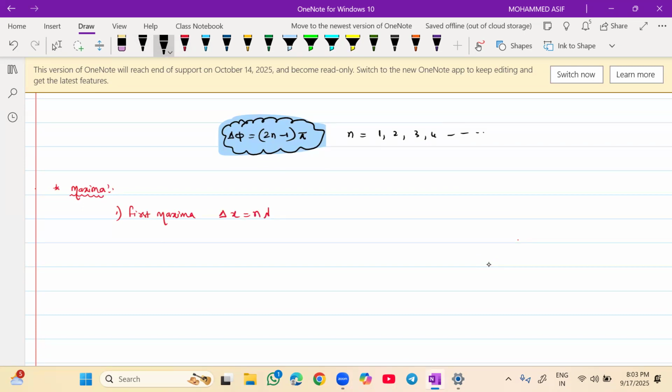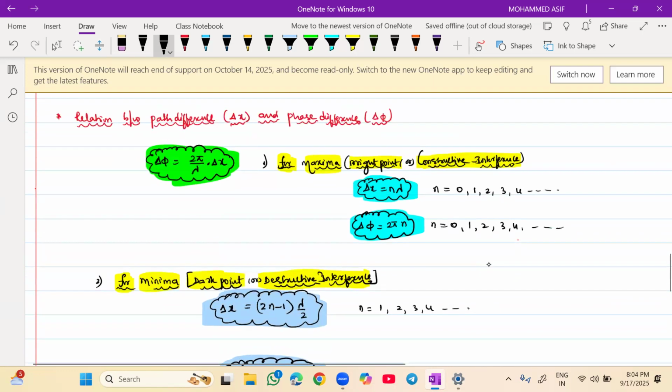For the first maxima, n is equal to 1. That means delta x will be equal to lambda. And what will be the value of delta phi, the phase difference? For the first maxima, formed at lambda, delta phi will be equal to 2 pi.